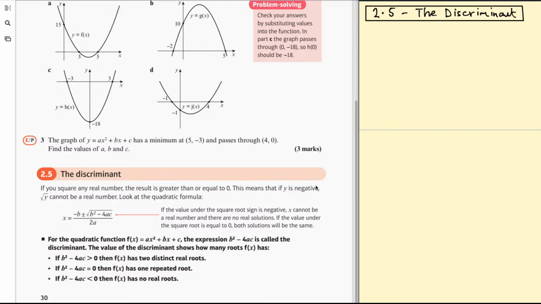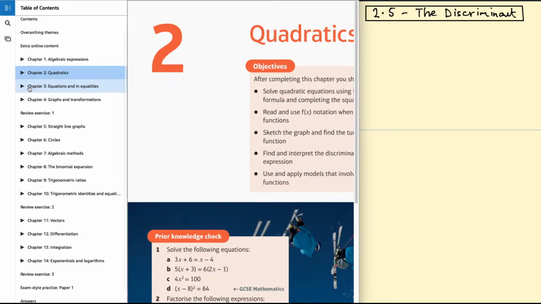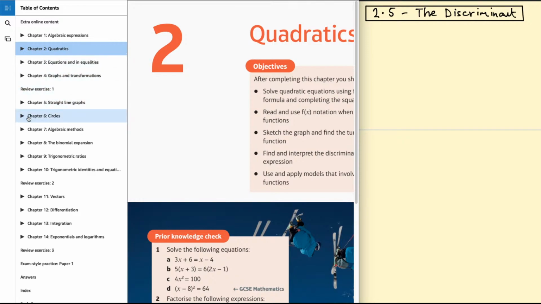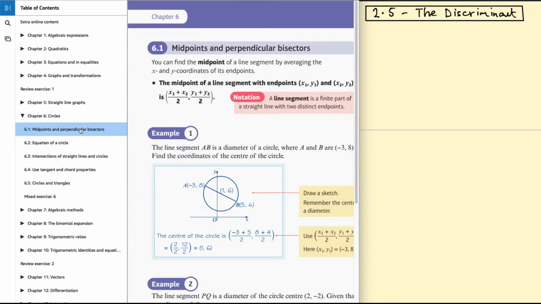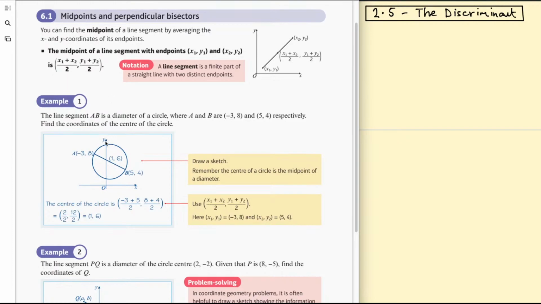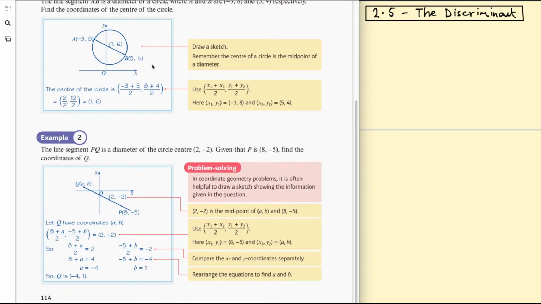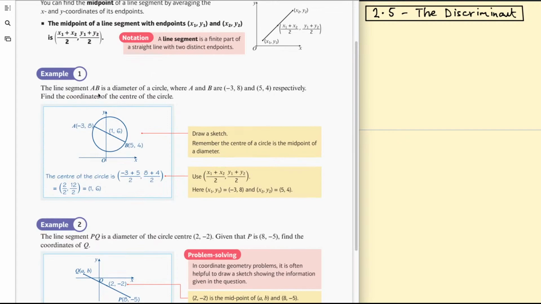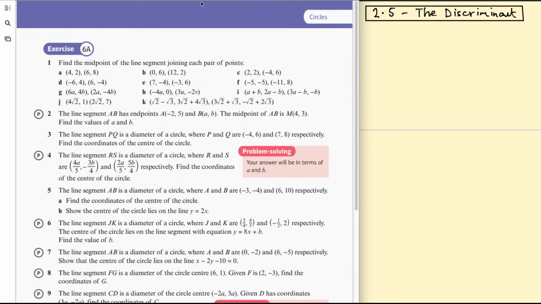Will there be geometry? Yeah, lots of geometry. Circles. Midpoints and perpendicular bisectors. Oh, that's just of straight lines.